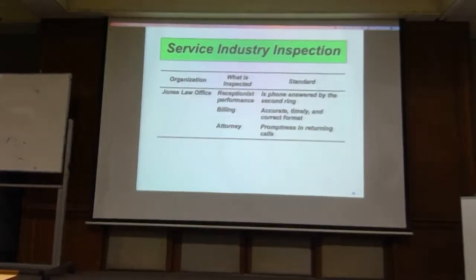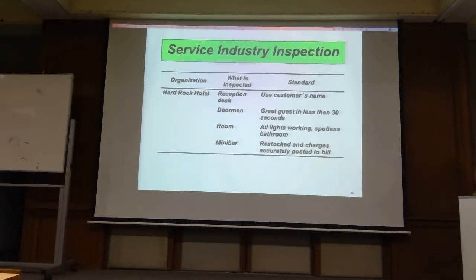Okay. So this is a list, just a few details. Let's say you have a law office, what do you need to inspect about the accuracy of the billing? How about the receptionist when the phone rings, right? Or even at a hotel: the reception desk, the doorman, the room or minibar.